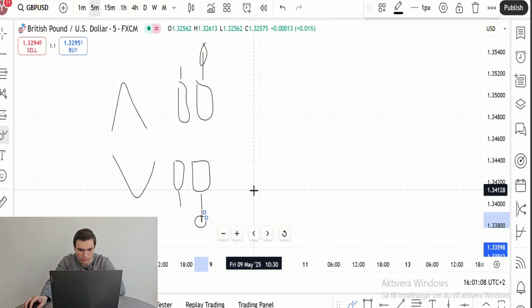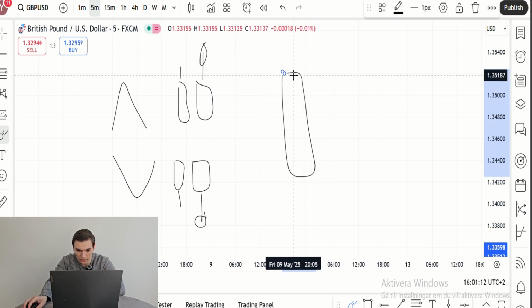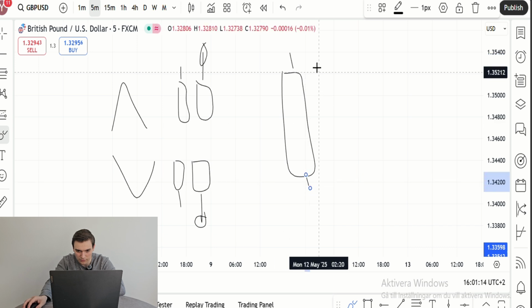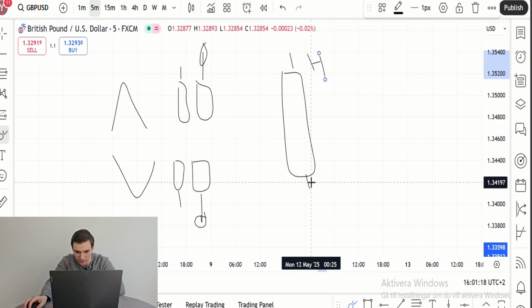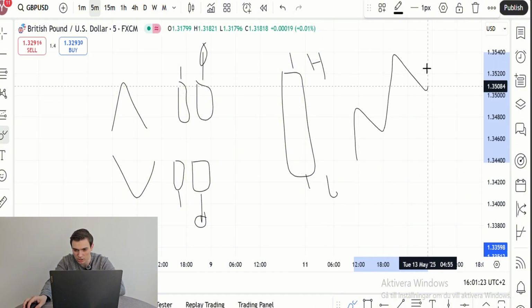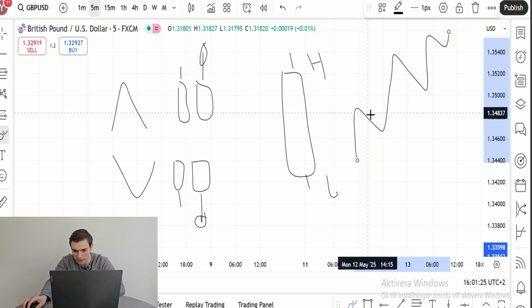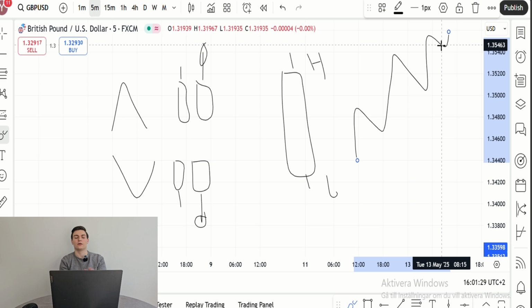In this case, this will be the low. When it's only one candlestick, we say that this is the high, and this right here will be the low. And swing highs and swing lows are basically the points. So swing high, swing low, swing high, swing low, swing high, swing low.